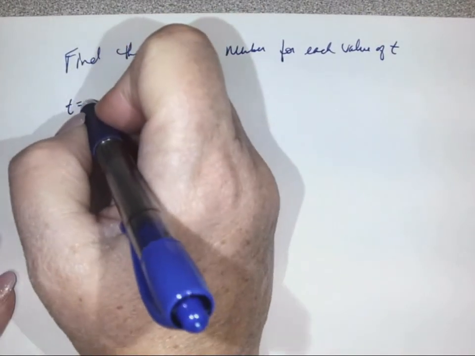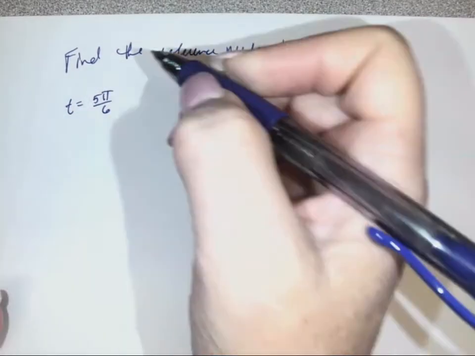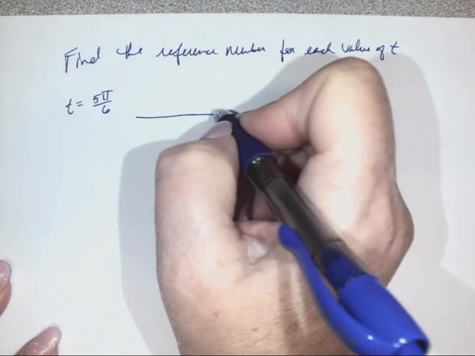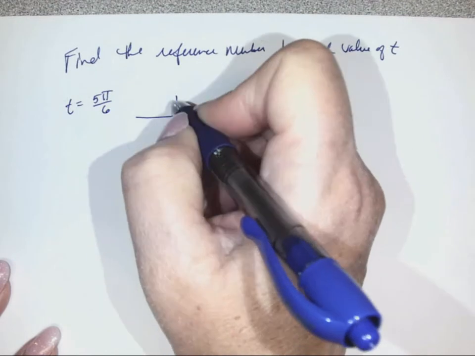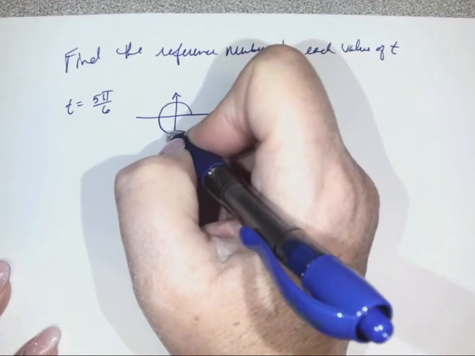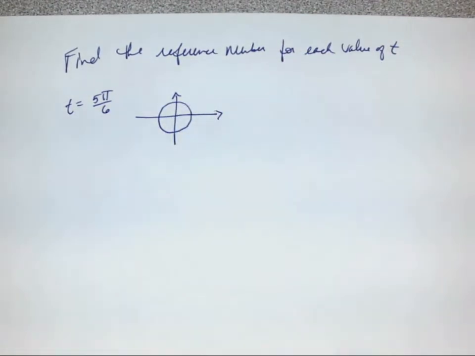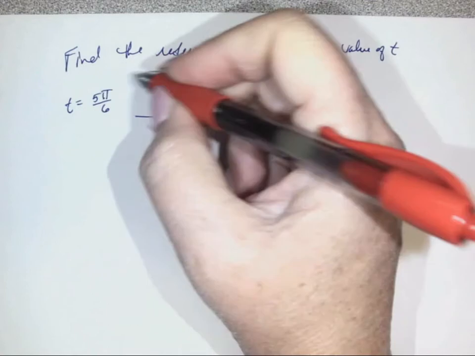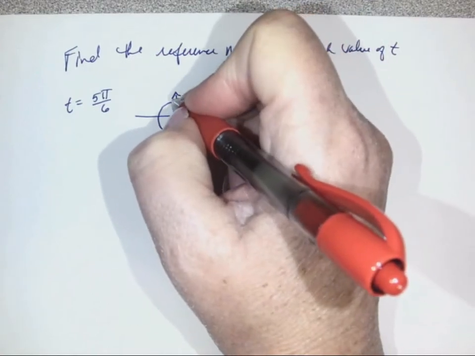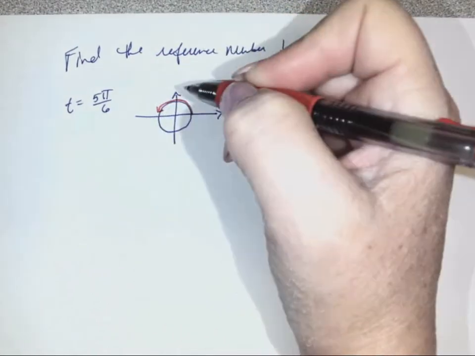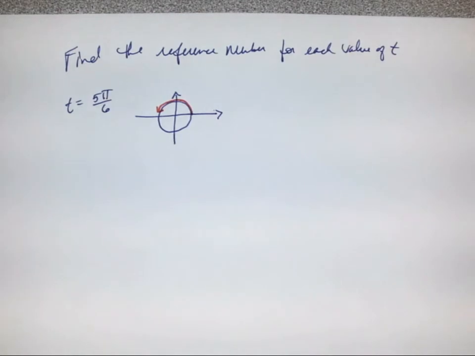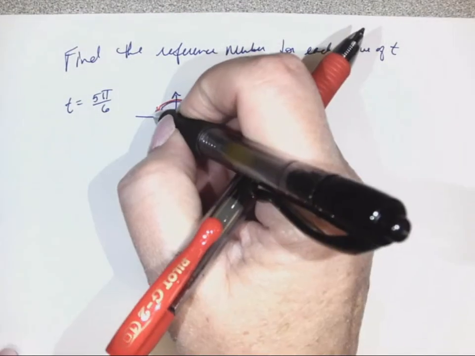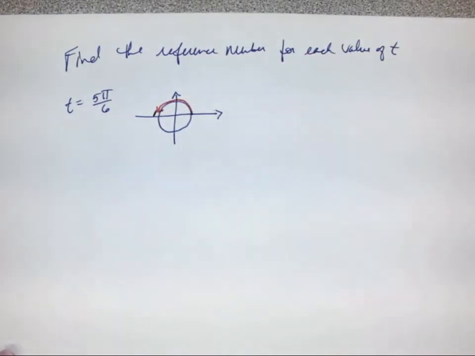So if we're looking at t is equal to 5 pi over 6, and we're looking at t is equal to that. So we almost did this earlier. This is positive, so we're going this way, and it will land right over here. So what we're looking for is the space that lands right there. That is going to be our t bar.